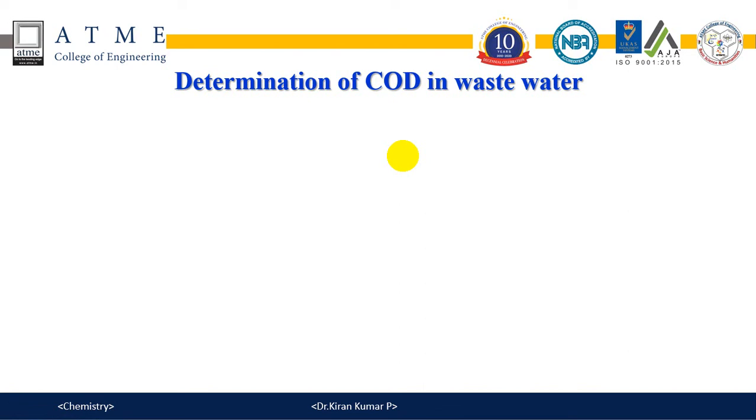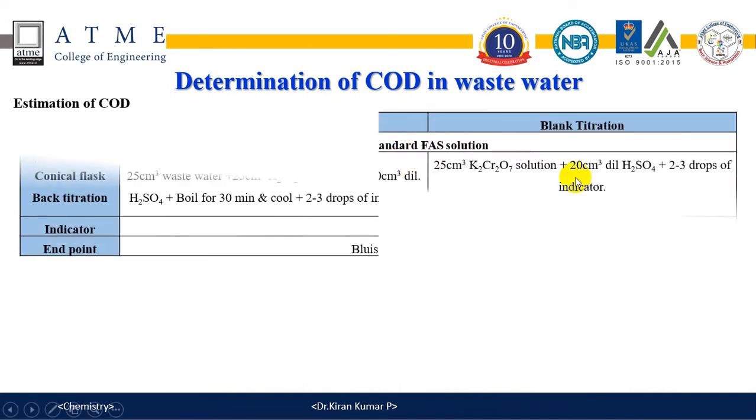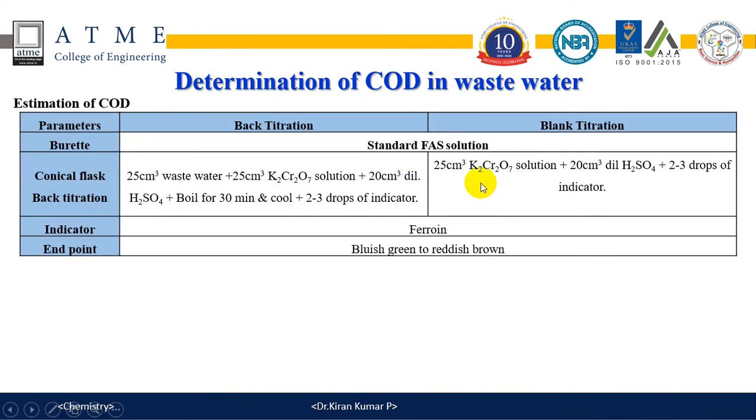You need to pipette out 25 cm cube of K2Cr2O7 solution, followed by H2SO4, and 2 to 3 drops of indicator are added. Titrate with FAS till it becomes bluish green to reddish brown. So this gives the blank titration. The blank titration is measured to calculate the total amount of K2Cr2O7, or total amount of oxygen, out of which the back titration is measured to find the actual K2Cr2O7 reacted.